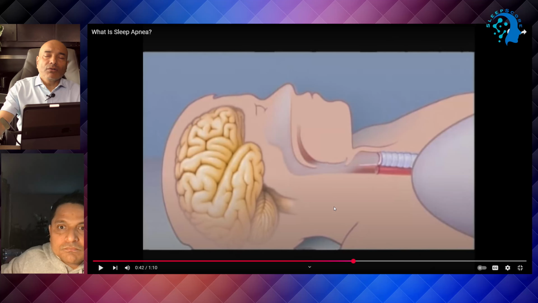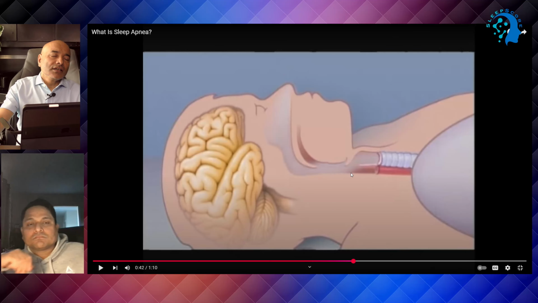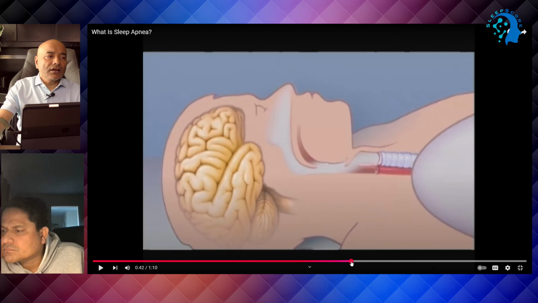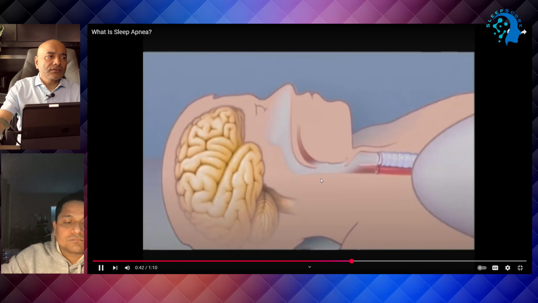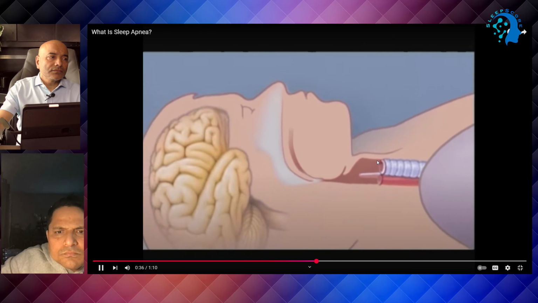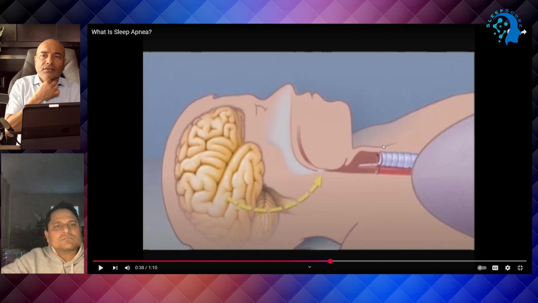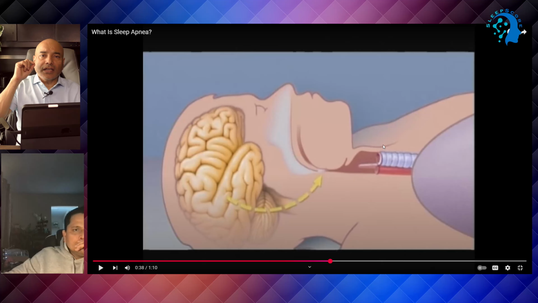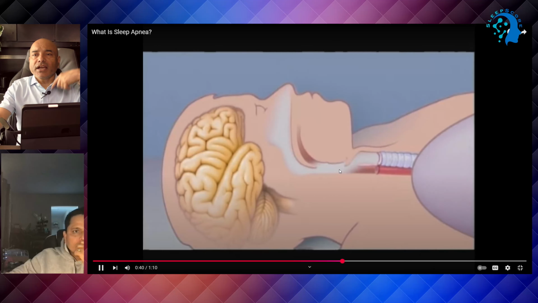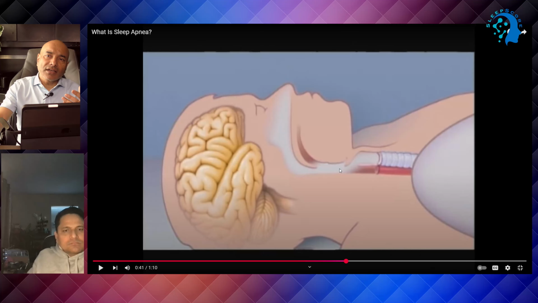Air gets through again and we can breathe. Whenever there's an obstruction in sleep, our brain tells us, hey, you're holding your breath, and then the brain sends the signal, activates the muscles, opens the airways and we can breathe. Okay?